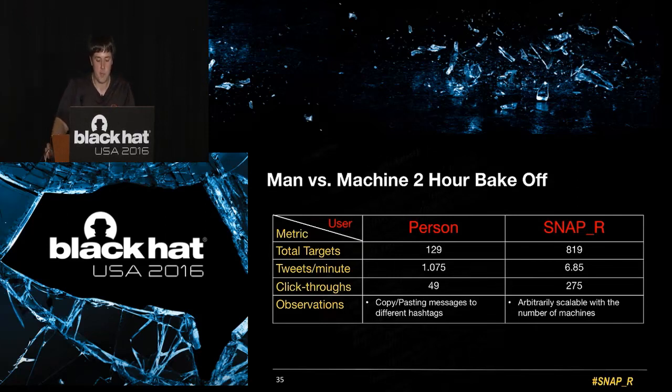With one instance of Snapper, we were able to target in that same 2 hours 819 people, which comes out to around 6.85 tweets per minute. And we got a total of 275 click-throughs. Furthermore, with Snapper, you can arbitrarily scale it to the number of machines you have. So the fact that just one instance was able to outperform him is pretty freaking cool.